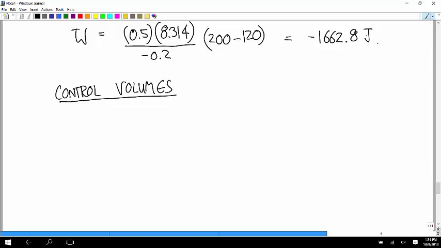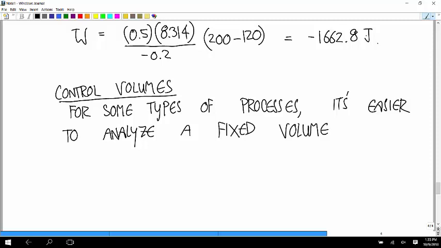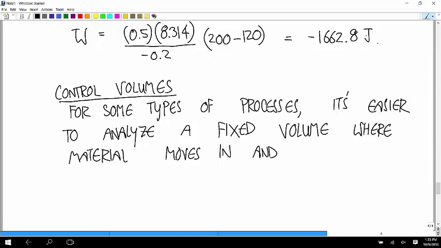Okay, so for some types of processes, it's easier to analyze a fixed volume where material moves in and out, material being the gas or the liquid, than a fixed chunk of material.